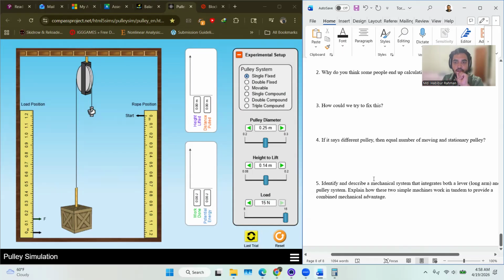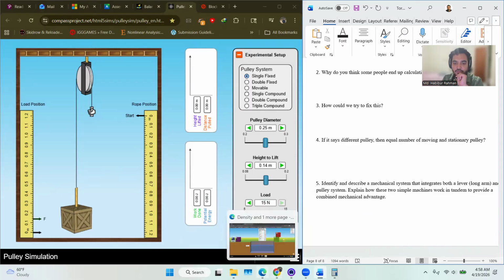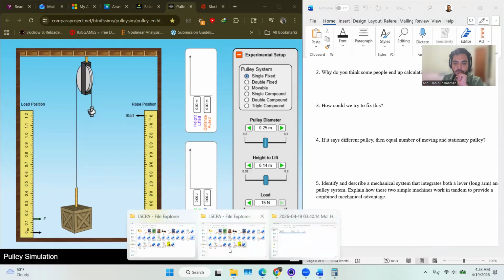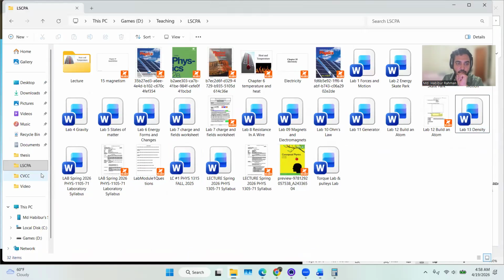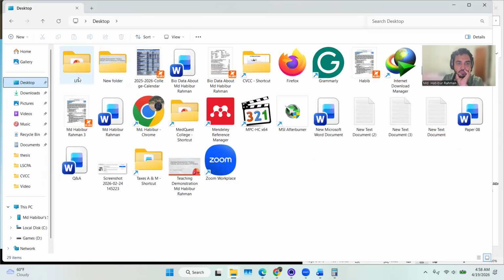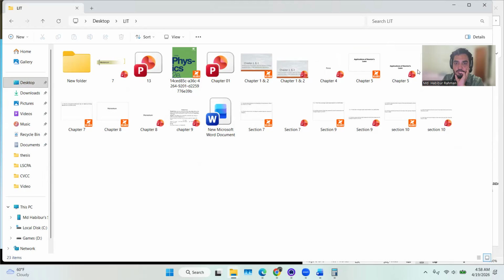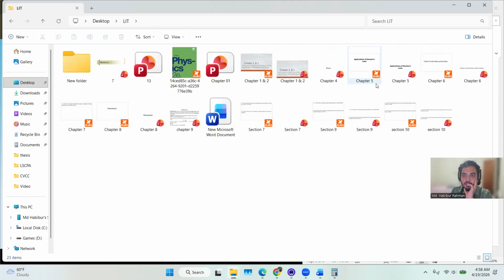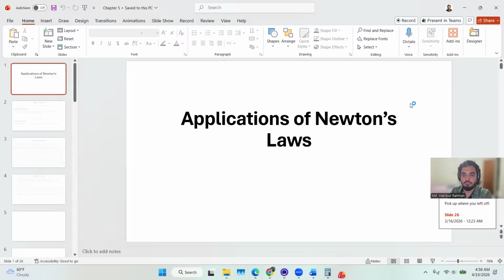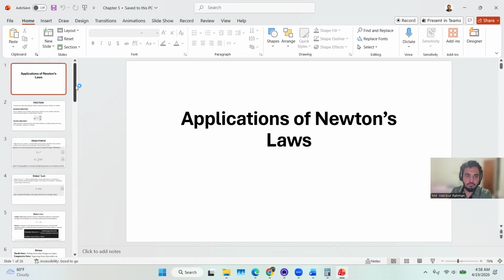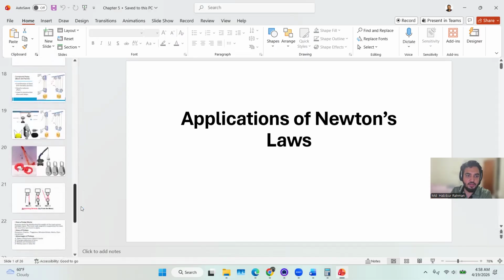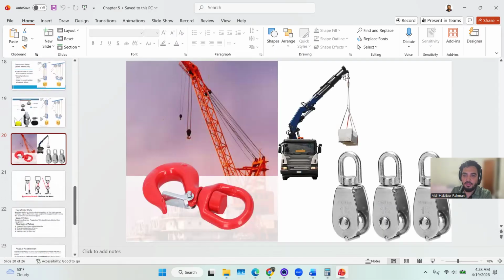The crane, actually. Let me show you one of the labs I have done. You see, it has a longer arm and it has, let's see, what is the pulley?